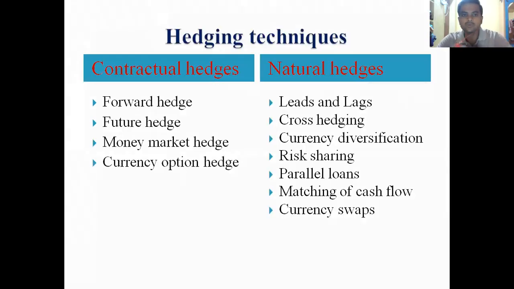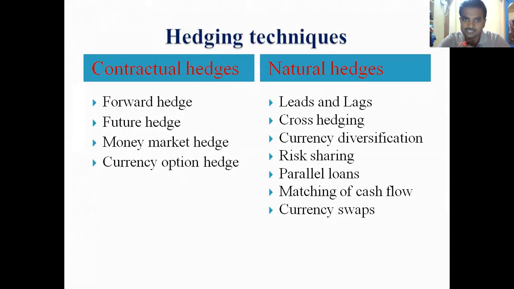The first one, for managing translation exposure, is contractual hedges and natural hedges. These are the two types of hedging techniques for management of translation exposure.